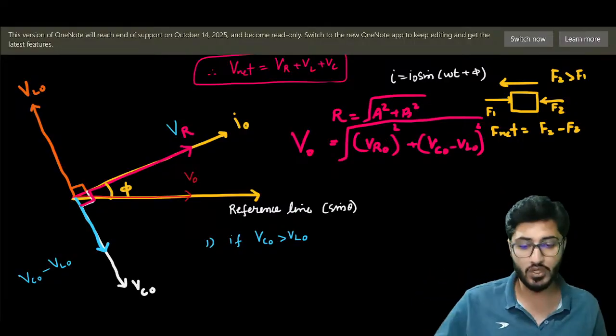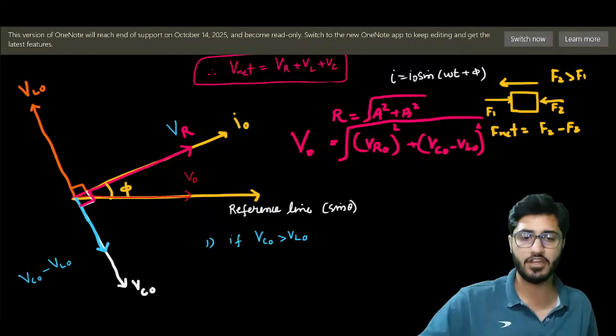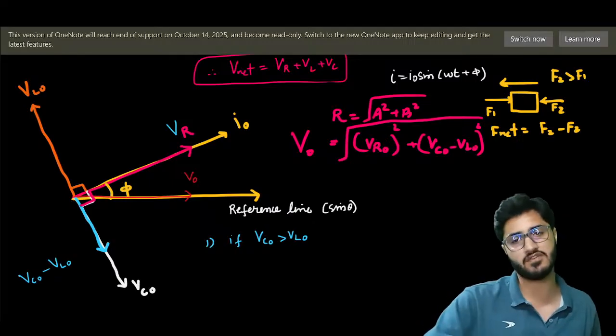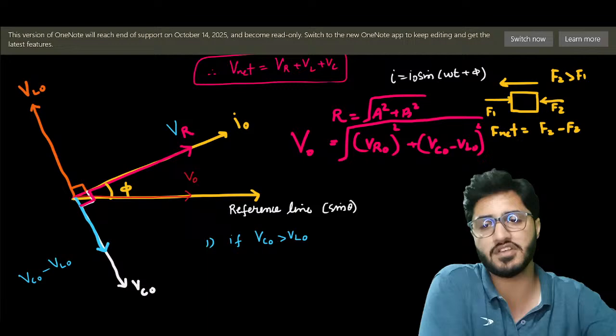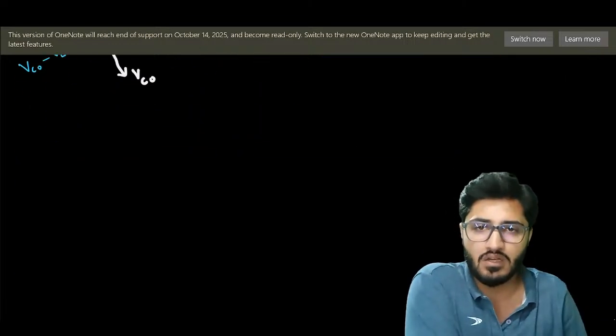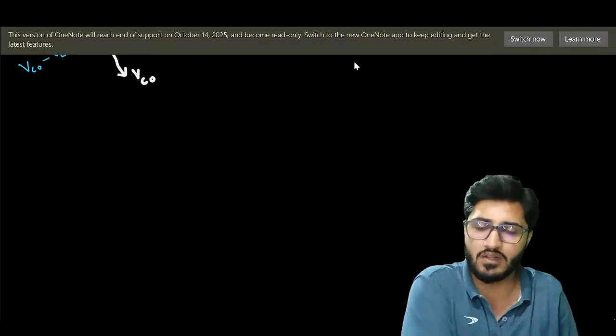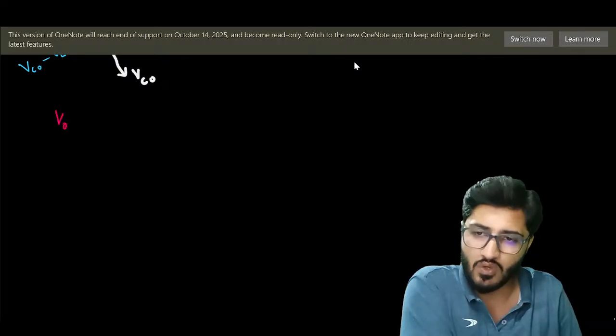This thing you need to remember. A very crucial one, you need to remember this equation. I will write this equation once again. My V naught is equal to the root of VR naught square plus VC naught minus VL naught square.